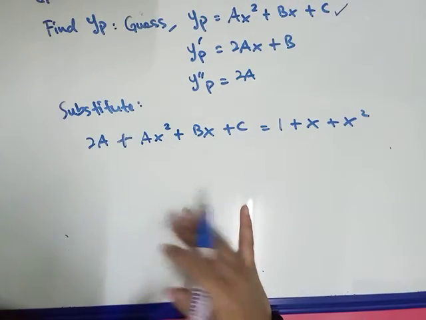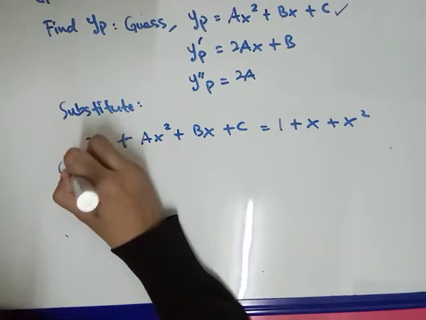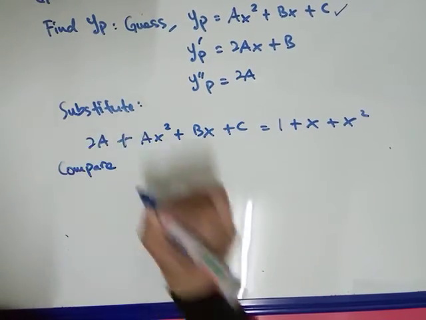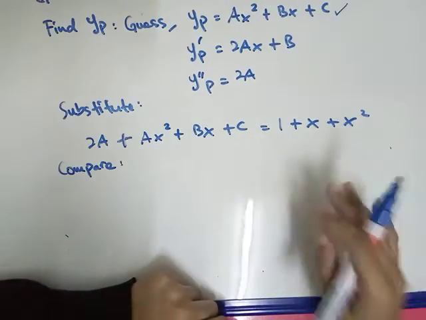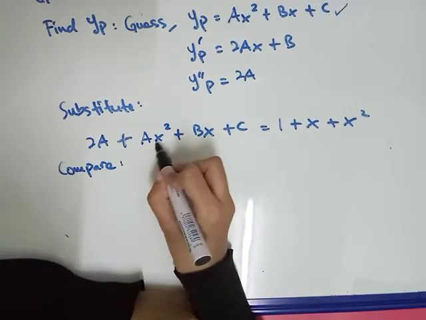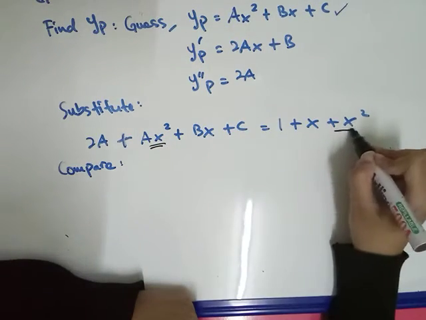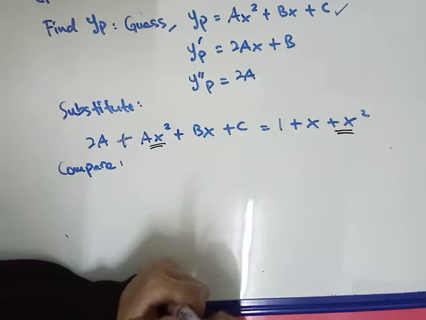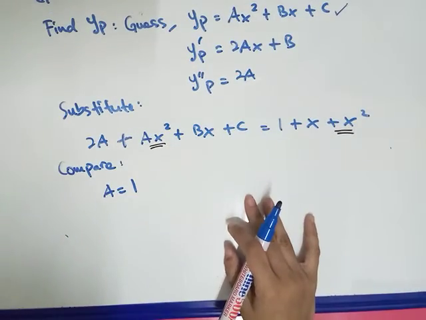And then we need to do comparison. Compare. This is the coefficient for x squared, and this one is also for x squared. Then we know that a equals 1.